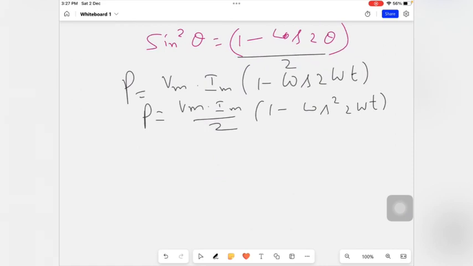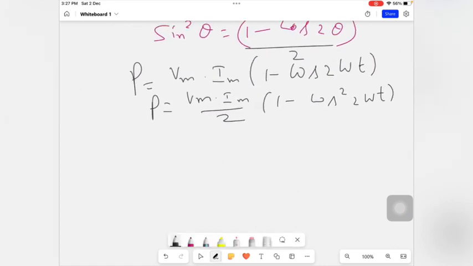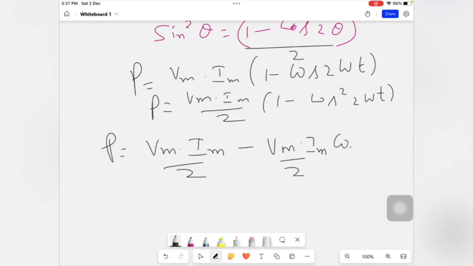Now I will multiply this equation. So P is equal to Vm into Im by 2 minus Vm into Im by 2 into cos 2 omega t.